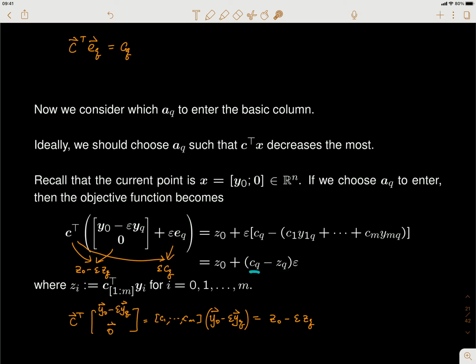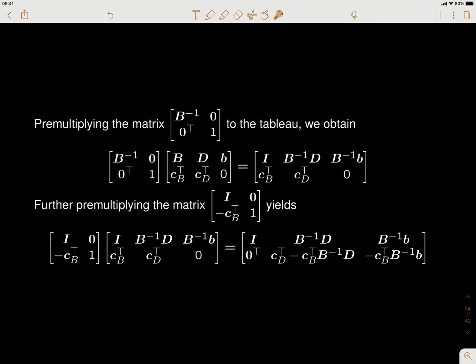So the CQ minus ZQ is just the components of this vector, because the CQ, Q is from m plus 1 to n. So all these CQs are contained in this CD vector, right?